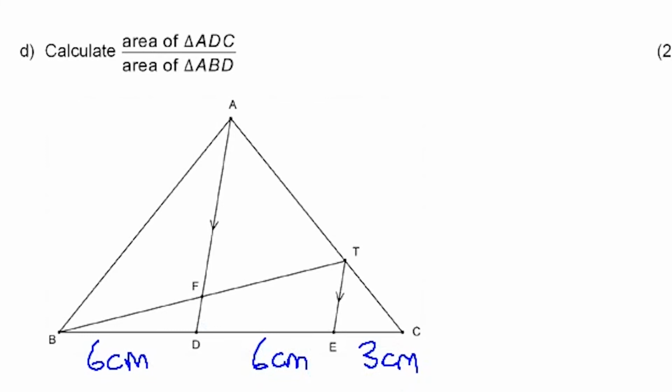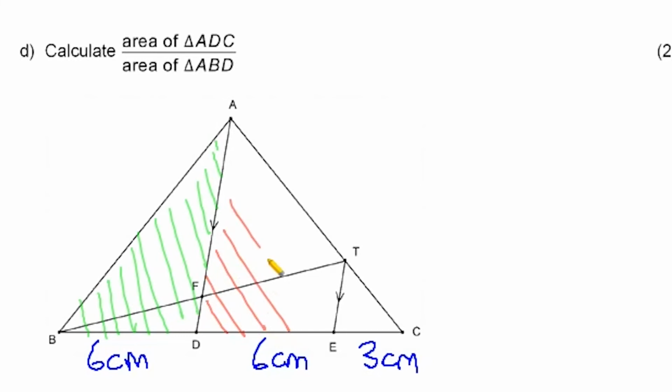Now here is where one of our big ideas comes in, because this triangle and this triangle, the green one and the red one, share a height. That height would drop down somewhere there. Because they share a height, their areas will be in the same ratio as their bases.